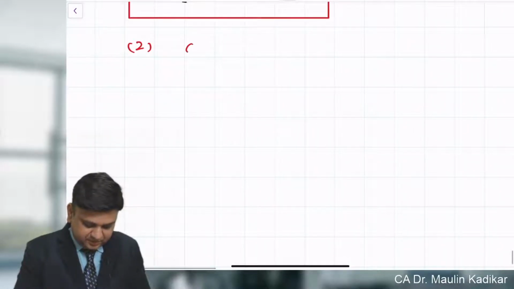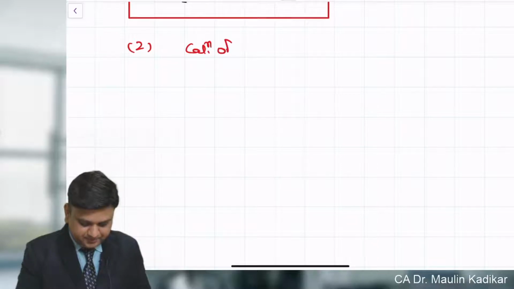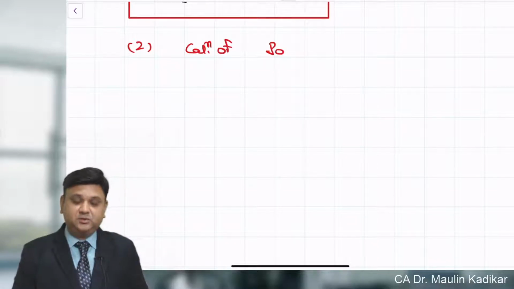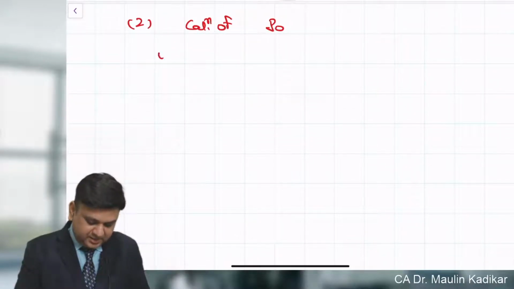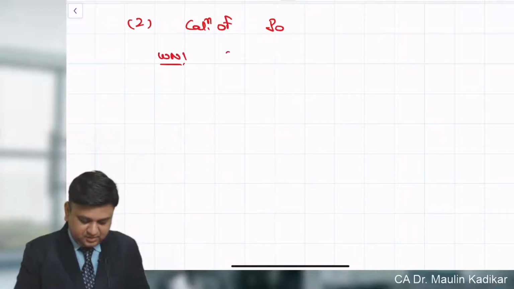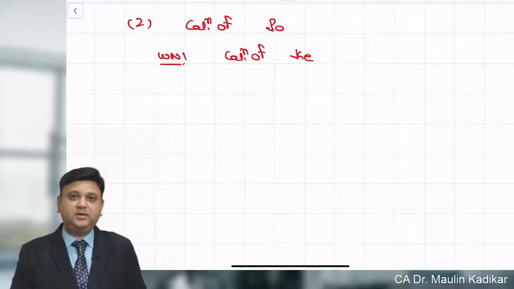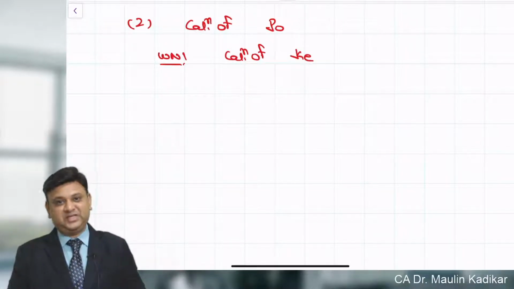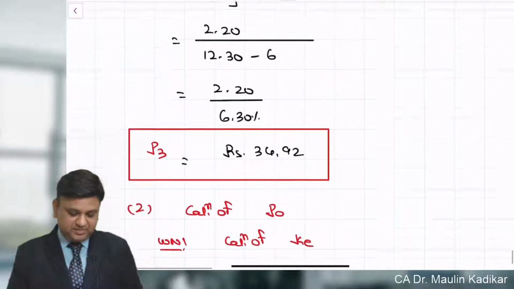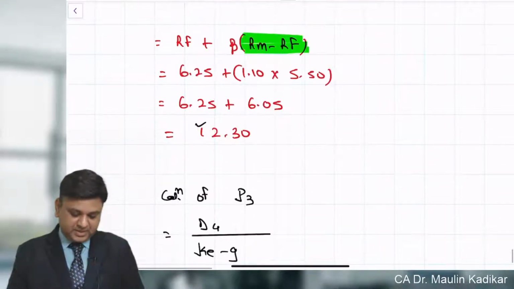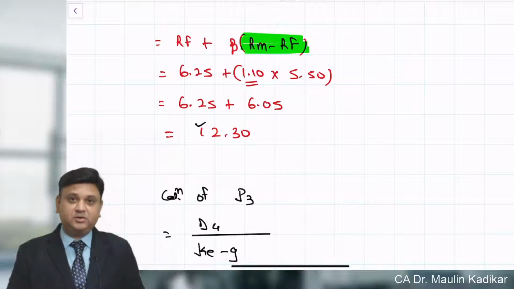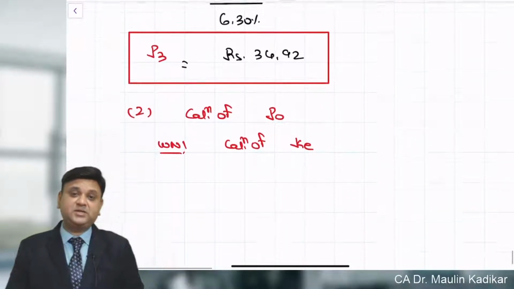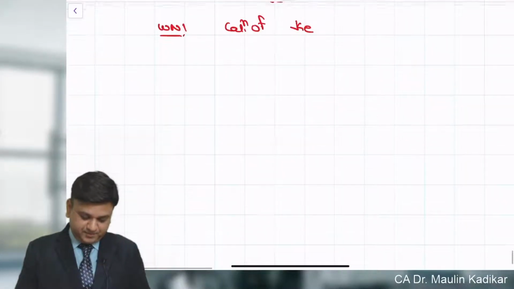In the second part of the question, calculation of P0. In that, working note number 1, calculation of cost of equity. Because for the first 3 years, the cost of equity will change. Why? Because the beta is different. This is beta 1.10. However, for the first 3 years, the beta is 1.40.